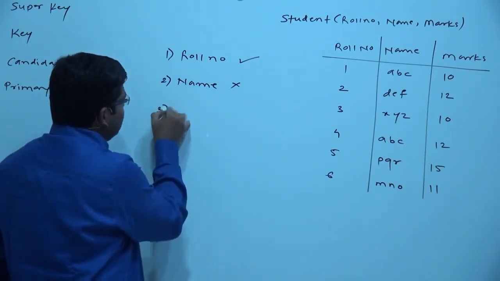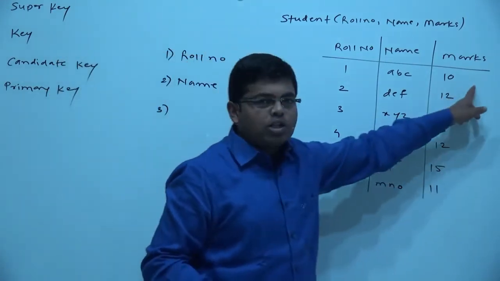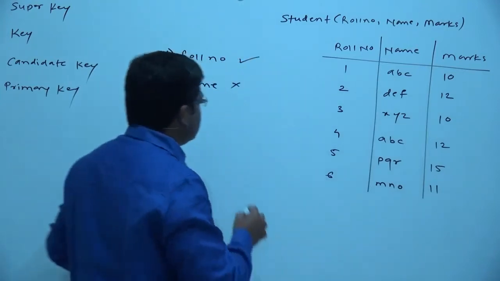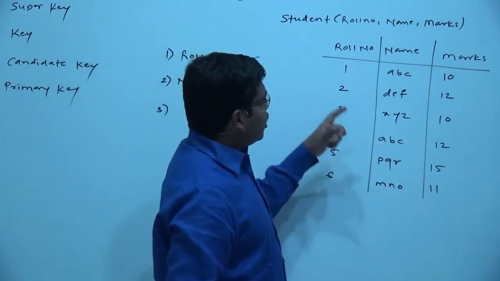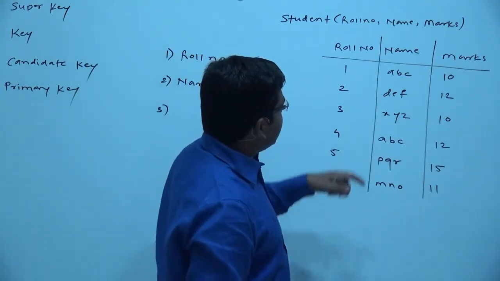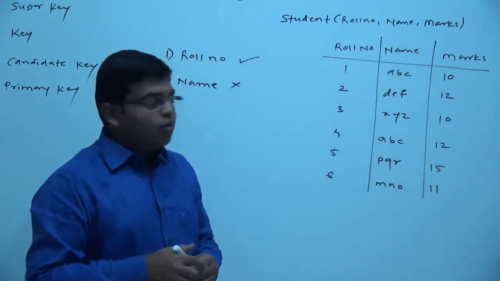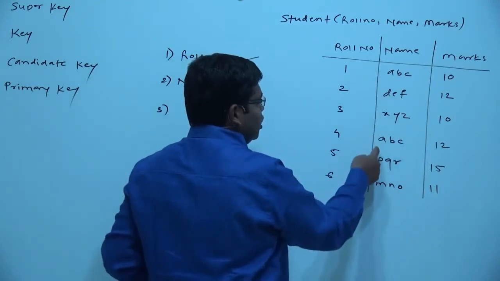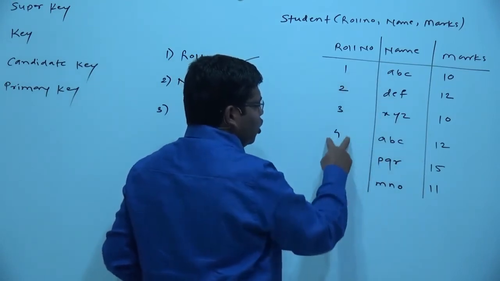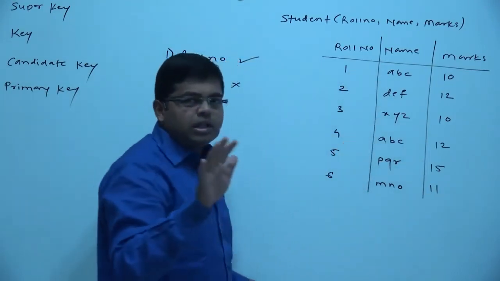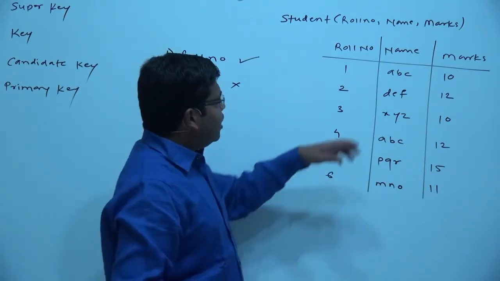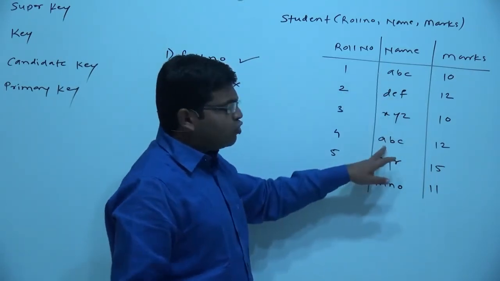Third combination, let us see whether with the help of marks alone we can identify the rows or not. So again, let me ask you one question. If I ask you what is the roll number of ABC, can you answer this question uniquely? Your answer will be either 1 or 4, but the question cannot be answered uniquely. This question has 2 answers.